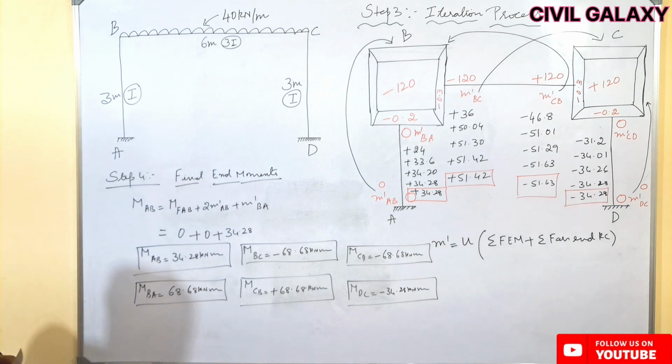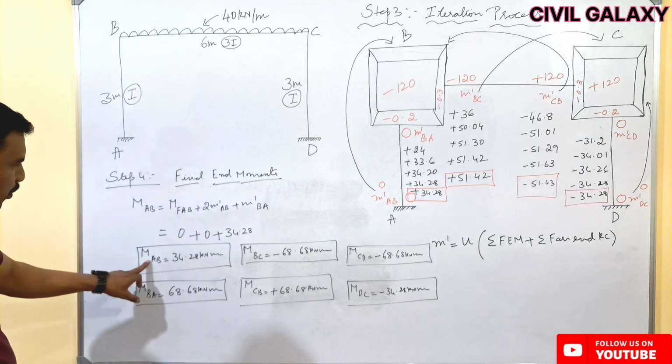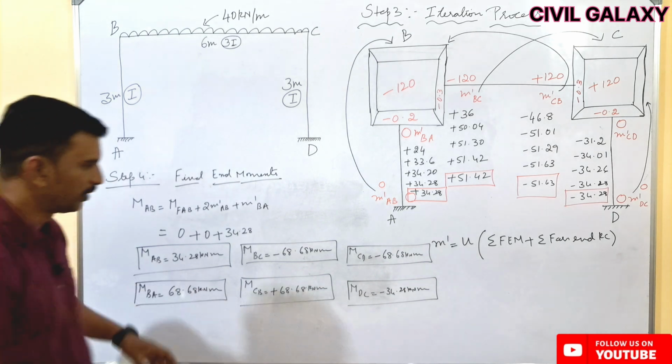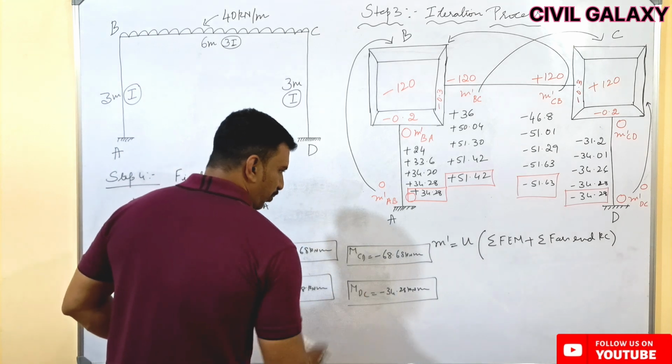See, observe the values over here. Moment about A to B is plus 34.28. Moment about D to C is minus 34.28.